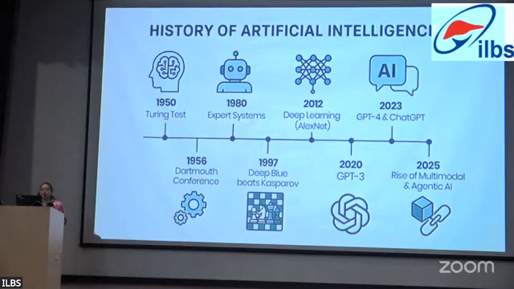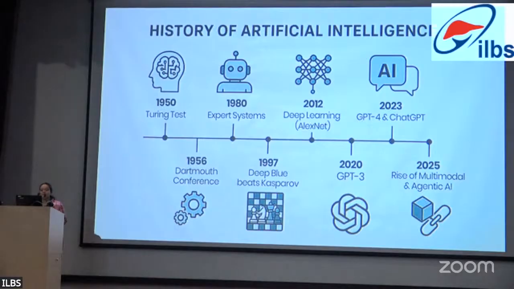It came in 1950 with the Turing test, where a machine was assessed against a human participant in a conversation-type assessment to recognize whether a machine can compete with a human in terms of intelligence, and it passed. So it started in 1950, and then the term artificial intelligence was coined by John McCarthy, who is called the father of AI, in 1956 at the Dartmouth Conference.